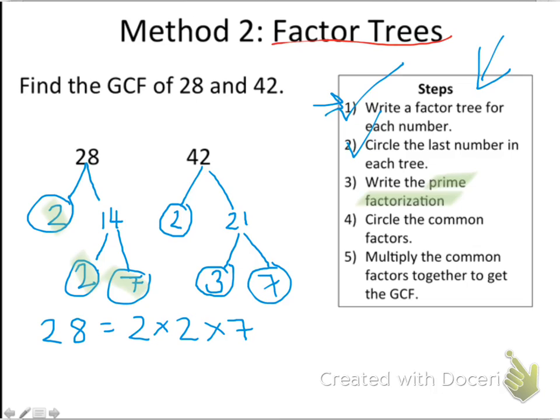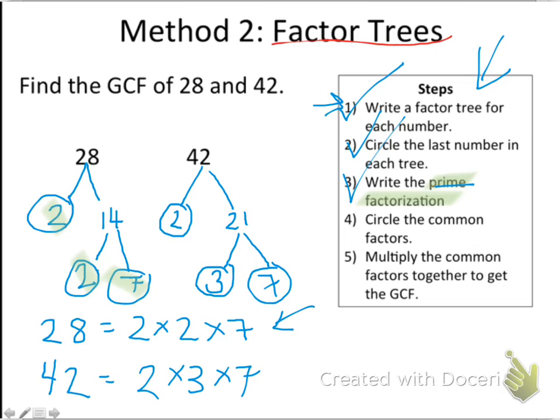And if you multiply 2 times 2 times 7, you will get 28. It's called prime factorization because each of these numbers here are prime numbers. Then 42 is equal to 2 times 3 times 7. And then we're done with the prime factorizations.